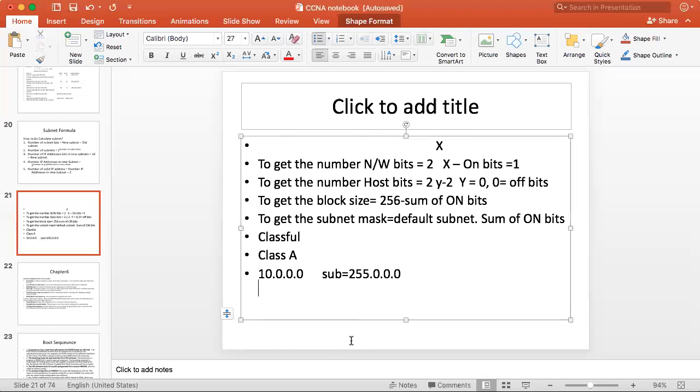2 to the power 8: 2 raised to 2 is 4, 4 raised to 2 is 8. Oh, wait. One minute, let me check.